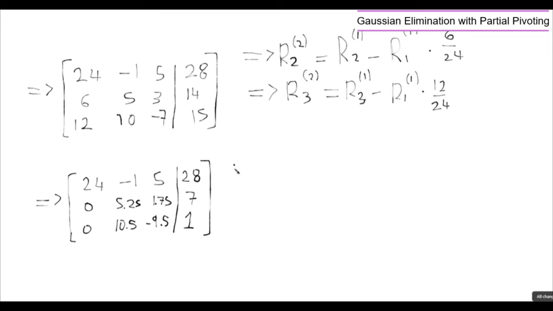Now we see that 10.5 has a higher absolute value than 5.25, so we swap the third row with the second.